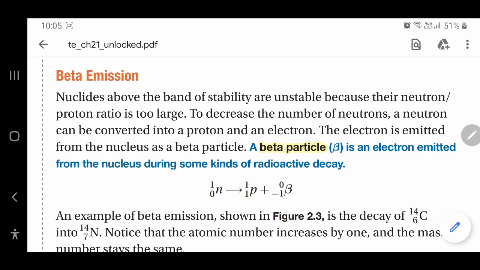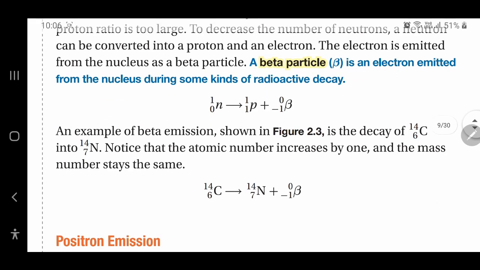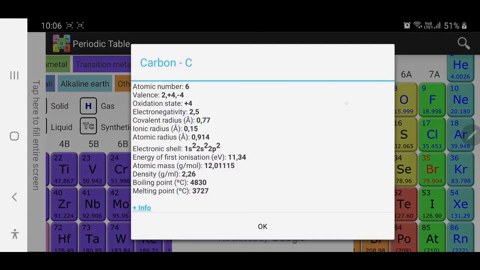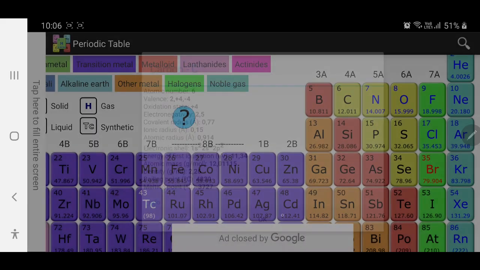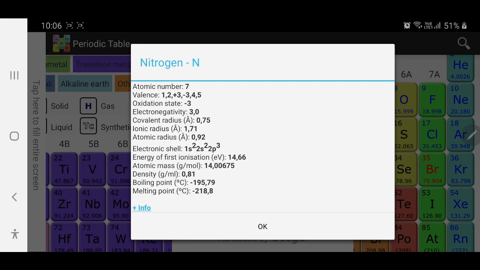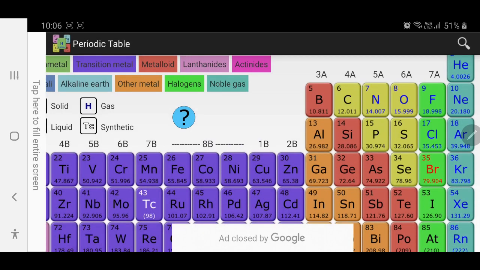As we can see here, carbon 14 goes through radioactive decay to form nitrogen, which is directly after carbon in the periodic table. This is carbon here with atomic number 6, and the element right after carbon is nitrogen with atomic number 7.